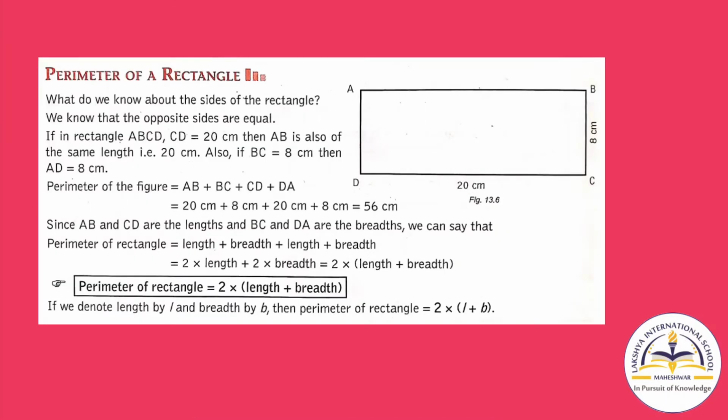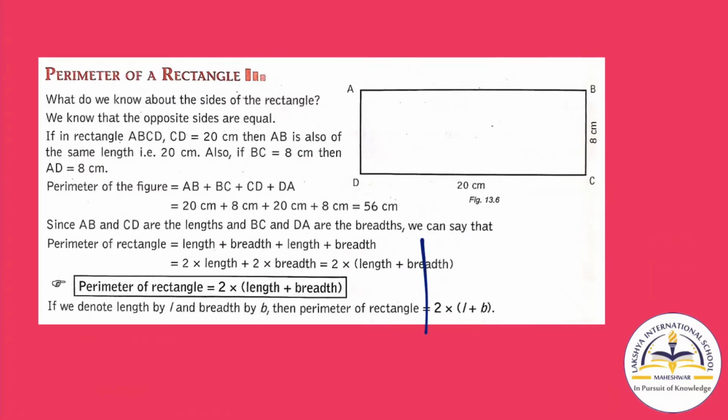Now we will see how we can find the perimeter of a rectangle. For that we have a formula, but first we will see what is length and breadth.